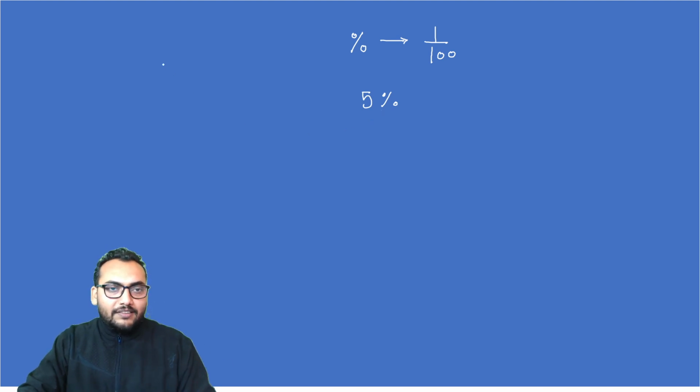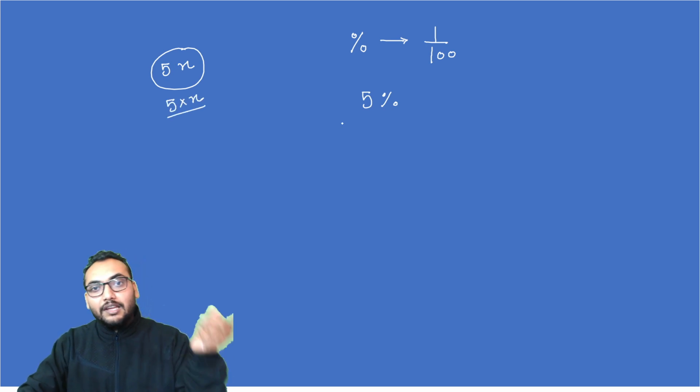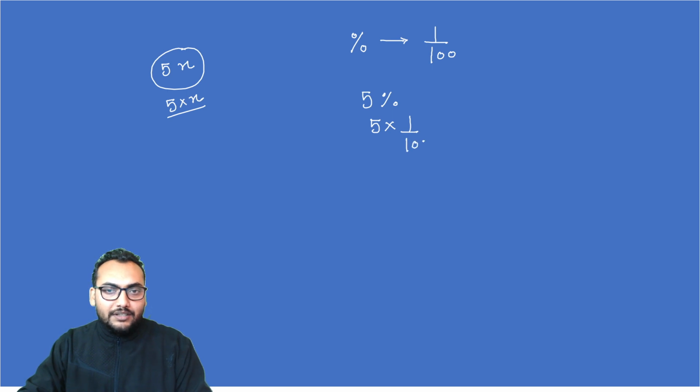In the same way, for example, if I'm writing 5x, the multiplication sign is not visible, but still we say that 5 and x are in multiplication. In the same way, if it is 5%, that means 5 and this percentage sign are in multiplication to each other.